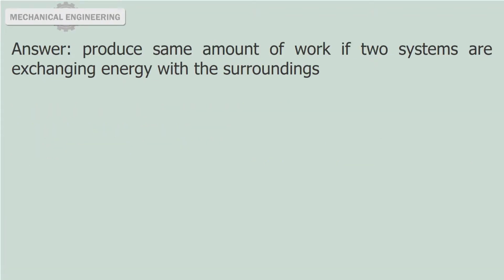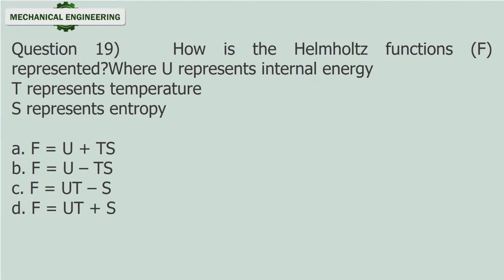Answer: produce same amount of work if two systems are exchanging energy with the surroundings. Question 19. How is the Helmholtz function F represented? Where U represents internal energy, T represents temperature, S represents entropy. A. F equals U plus TS.